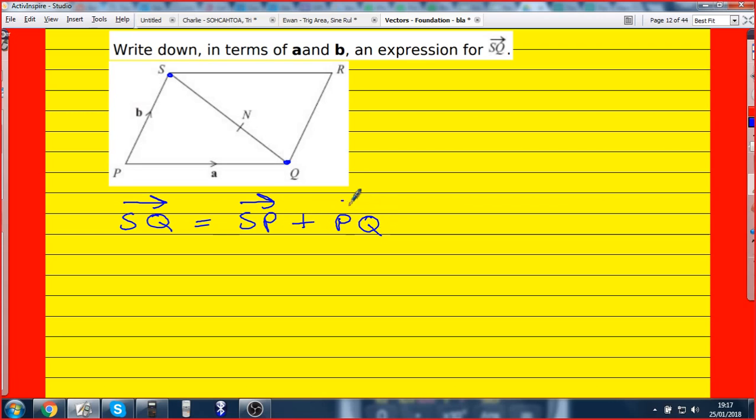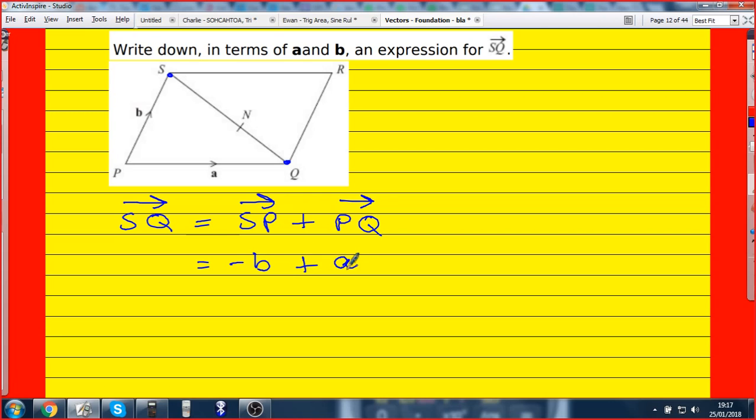And so what is SP? PS is B, if you're going in the other direction. Oh, minus B. Yeah, so minus B and then P to Q. P to Q is A. That's it.